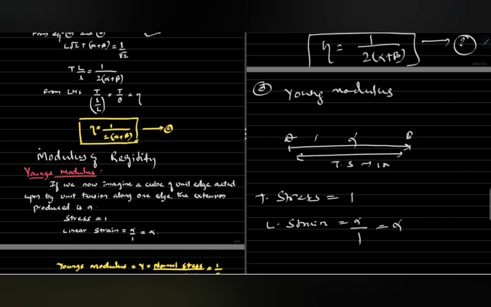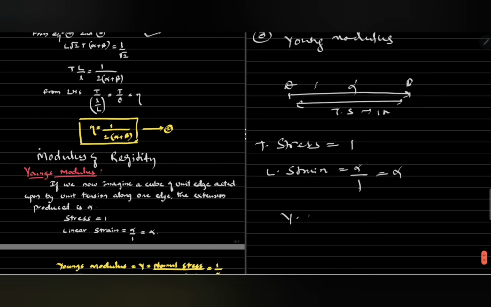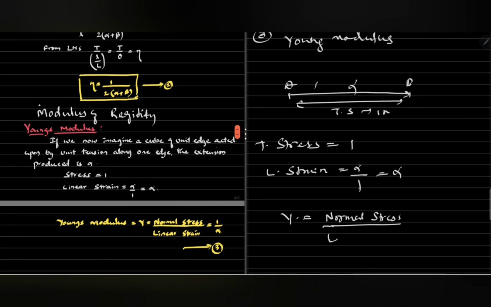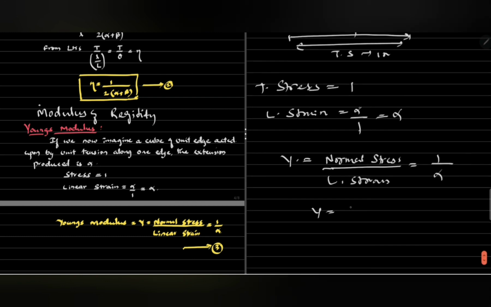So therefore alpha we will get, and now Young's modulus Y equals normal stress, or tangential stress, tensile stress, divided by linear strain. That equals 1 divided by alpha. So therefore Y equals 1 divided by alpha. We'll call this equation 3.